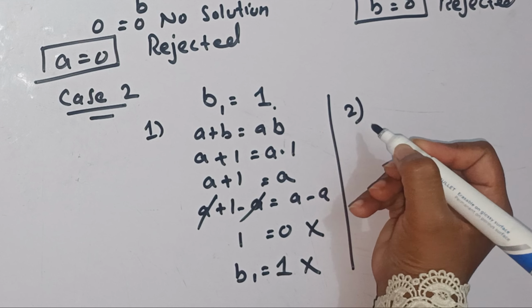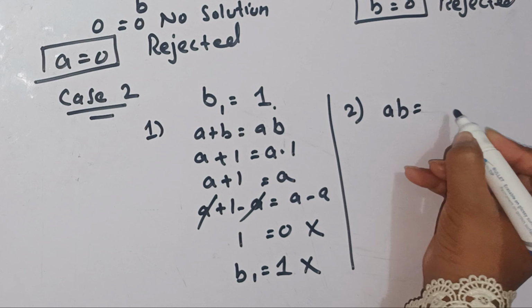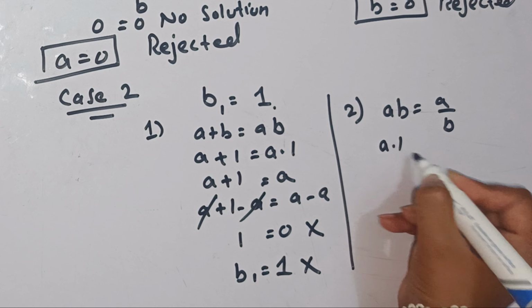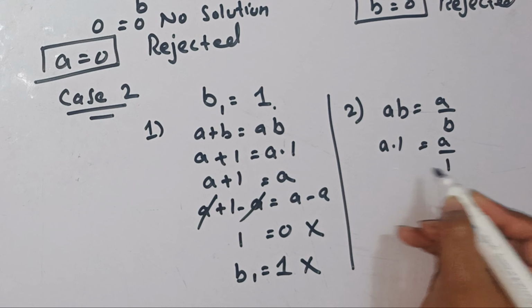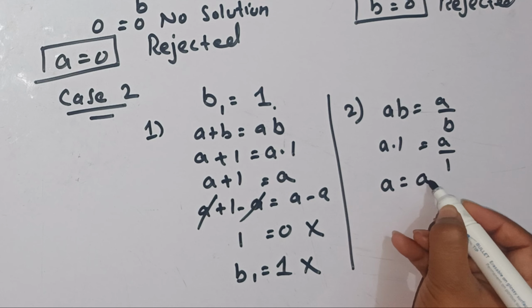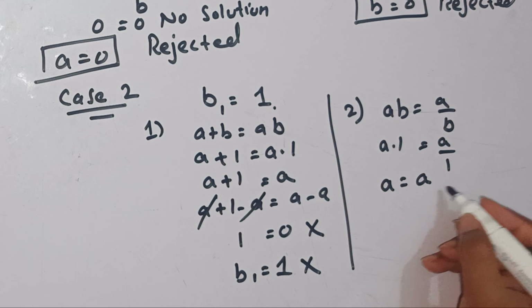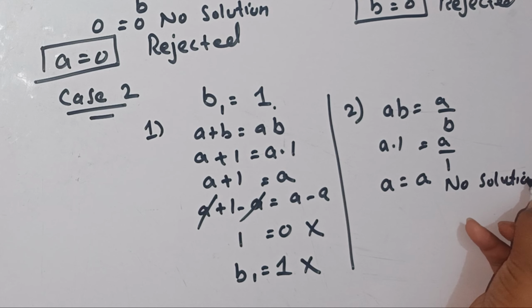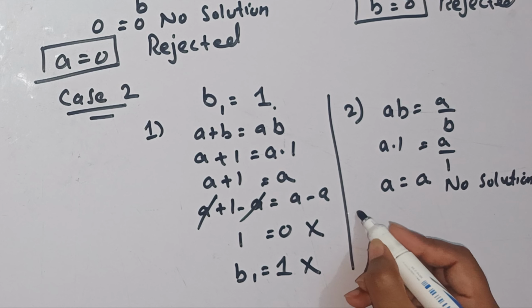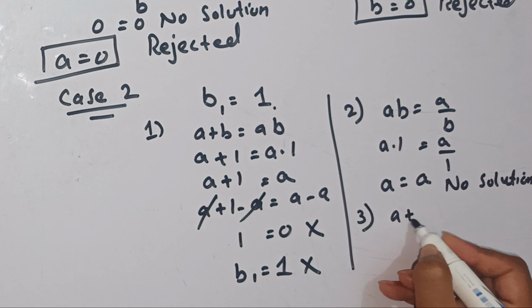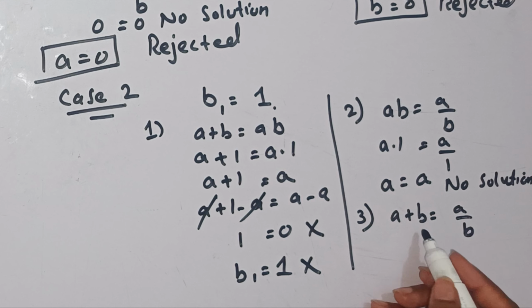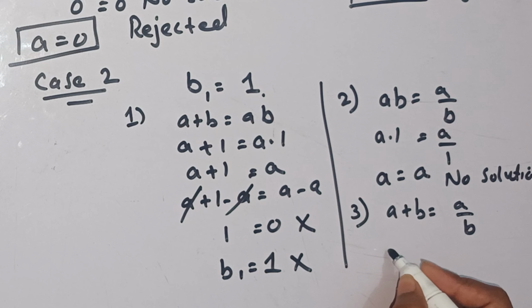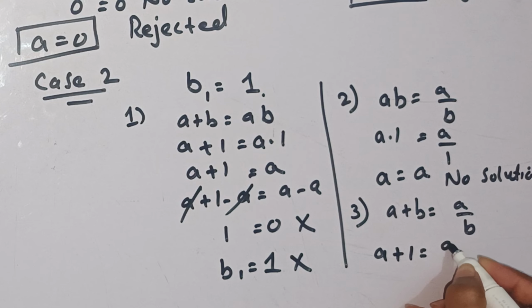Now take the second equation and check for that. The product ab is equal to a over b. This is our second equation. And b is 1, so we have a times 1 is equal to a over 1. Multiplying this gives a, and here we have a. So in this case we have no solution for a. So we take our third equation, which is a plus b is equal to a over b, and in this case b is 1, so we have a plus 1 is equal to a over 1.